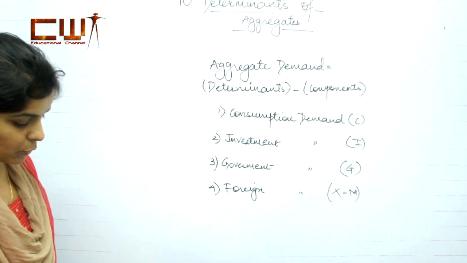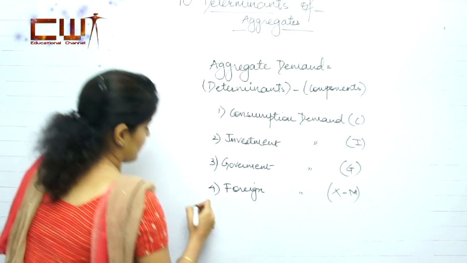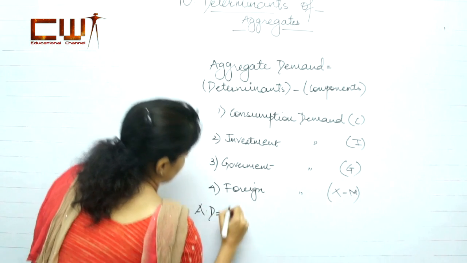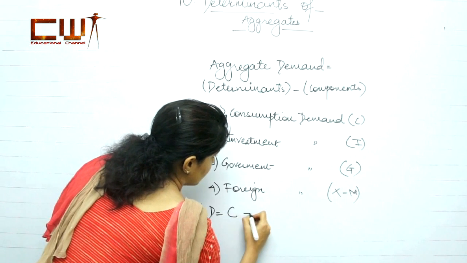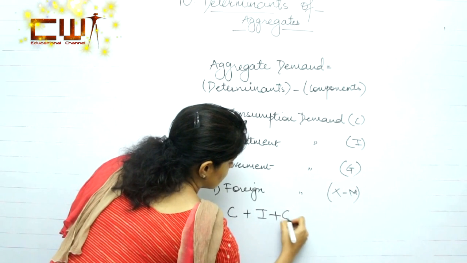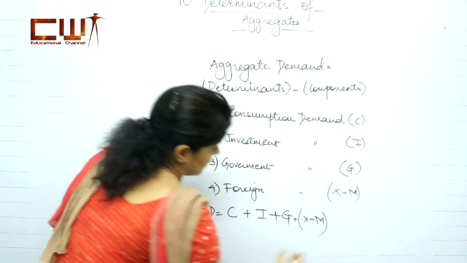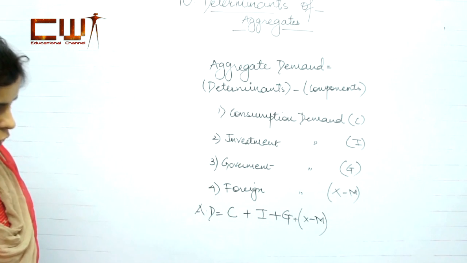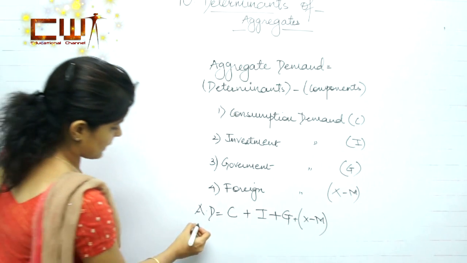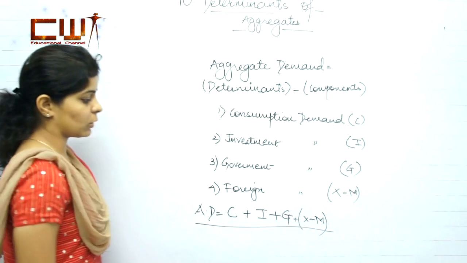Exports minus the imports. So you have AD, that is the aggregate demand, C plus I plus G, plus X minus M. Alright, this is how you will find out the aggregate demand. Aggregate demand is the total demand.